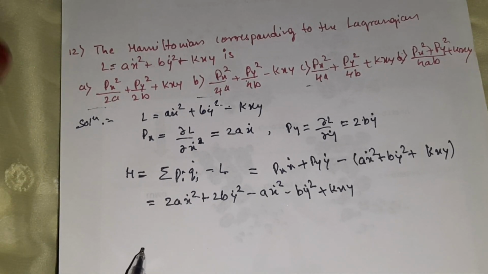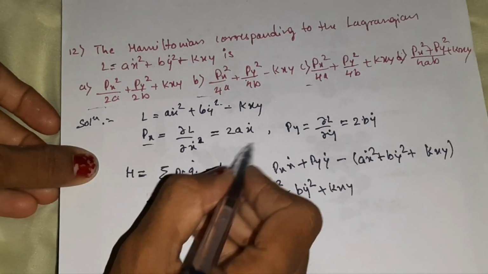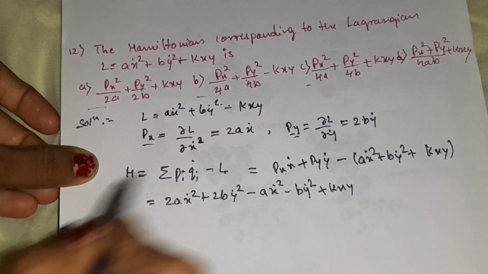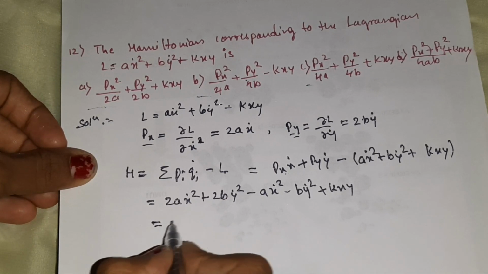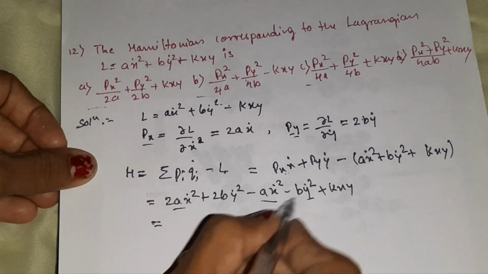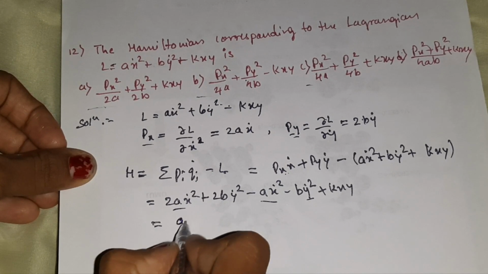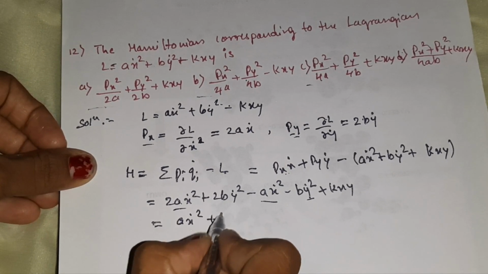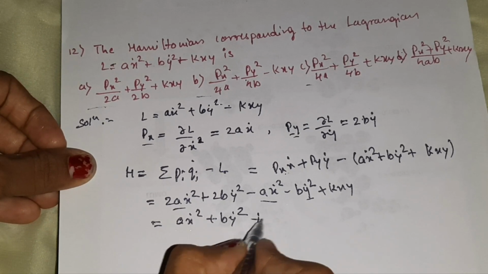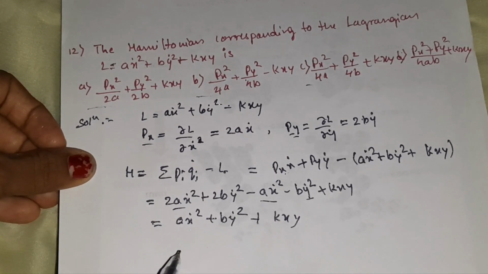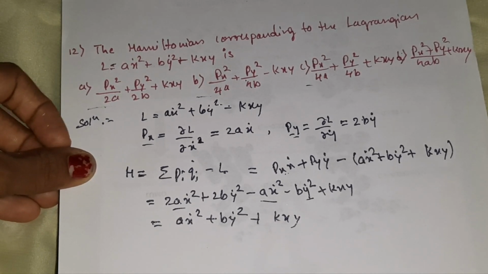If we substitute the values of px and py in this equation, we will get this. Then if we subtract these two, we will have a x dot square plus b y dot square plus kxy.